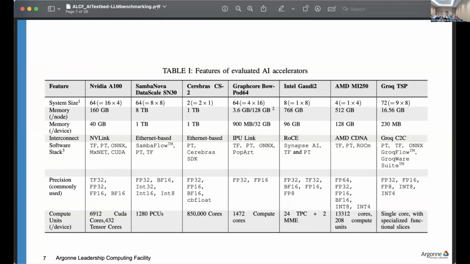So this is a very high-level architectural comparison of the capabilities of these systems. I'd like to highlight a few of those, the blocks in red. For example, on compute units per device, as I mentioned, Cerebras has 850K cores. And looking at the memory available per node, the SambaNova SN30 has a massive 8 terabytes.